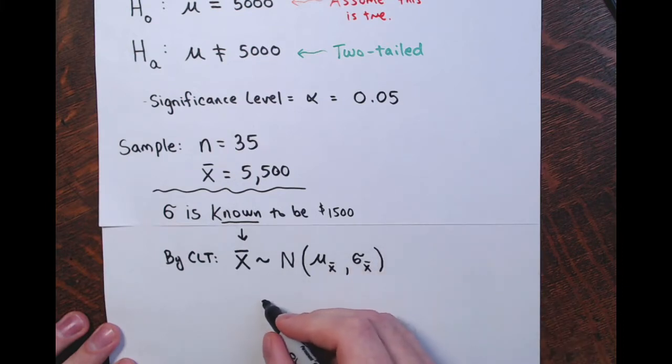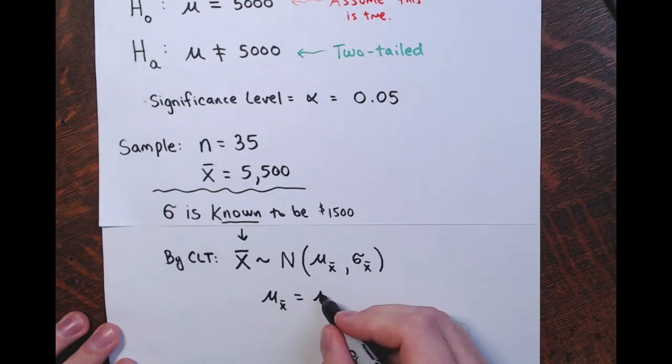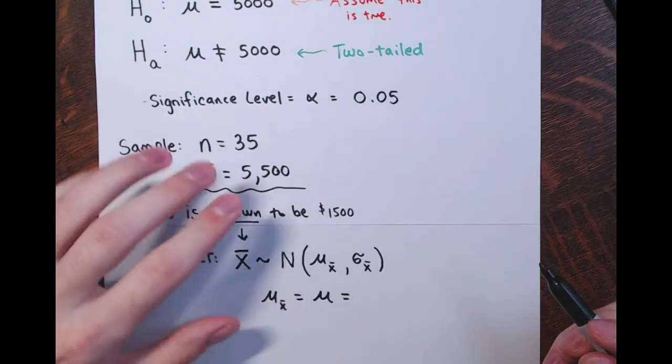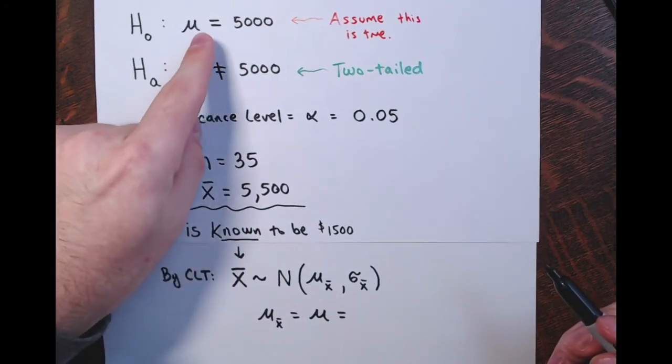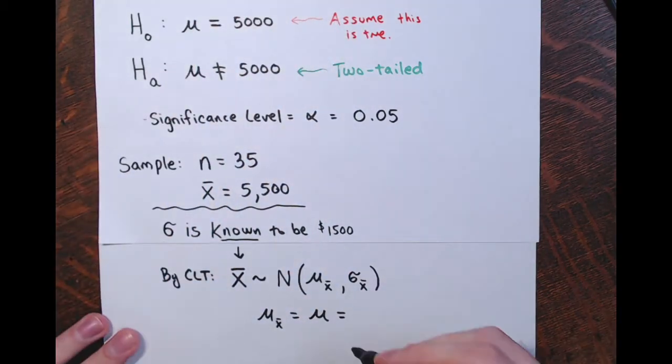And the mean of these sample means, remember, should be equal to the mean of the population. Now, the mean of the population, we are assuming, is $5,000. That is assumed from the null hypothesis.